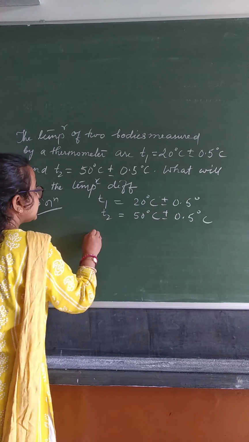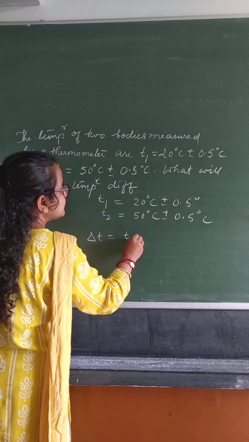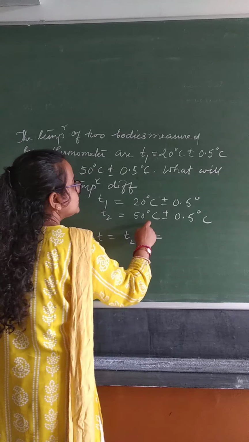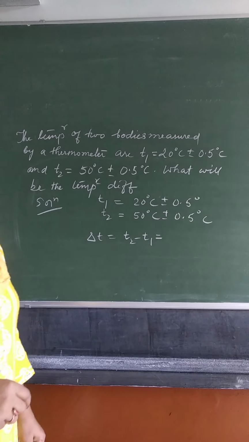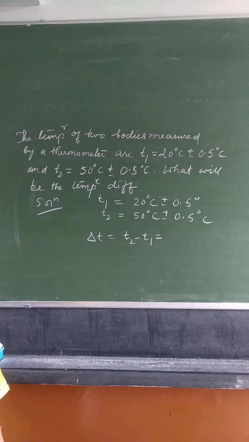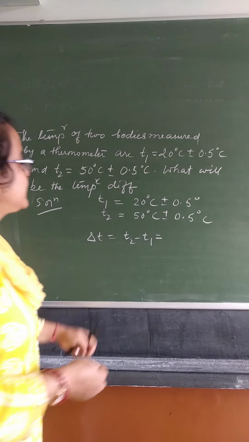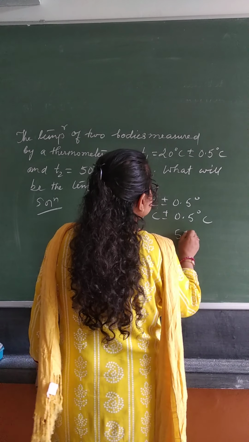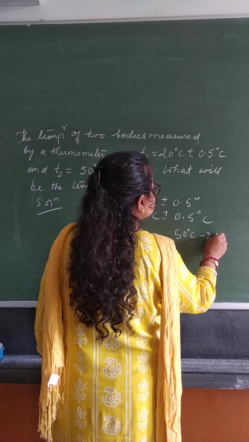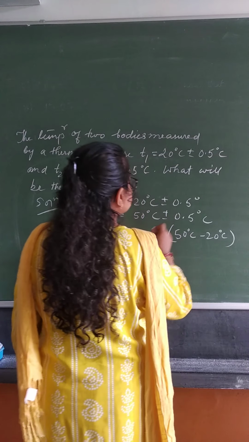So delta T will be the difference, T2 minus T1. If you subtract one from the other, you get 50 degrees centigrade minus 20 degrees centigrade, and then the error.